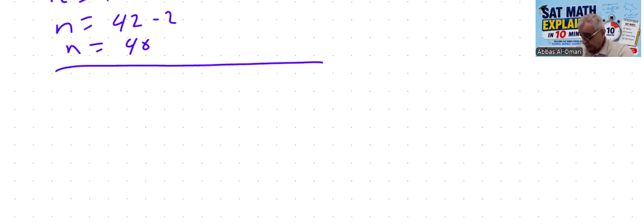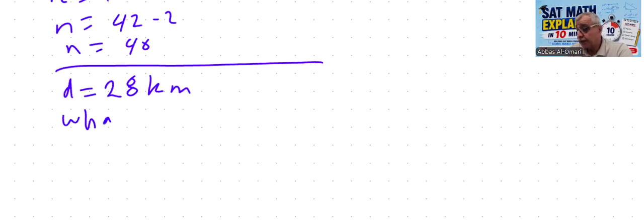Next problem, what is the distance? I have a distance in kilometers, and it is required to change it to meters. So distance is 28 kilometers. What is the distance in meters?